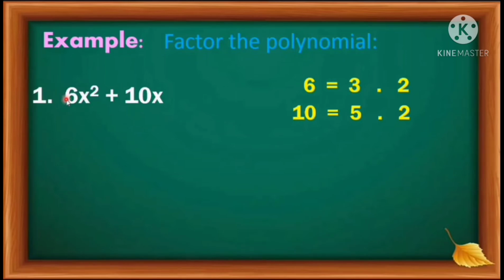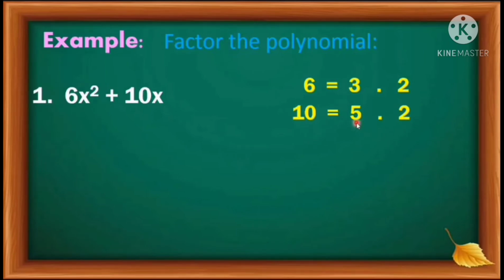Example, yung 6 dito, ito po yan. The prime factors of 6 are 3 and 2 because 3 times 2 equals 6. And 3 and 2 are both prime numbers. How about the factors of 10? The factors of 10 are 5 and 2 because 5 times 2 equals 10.